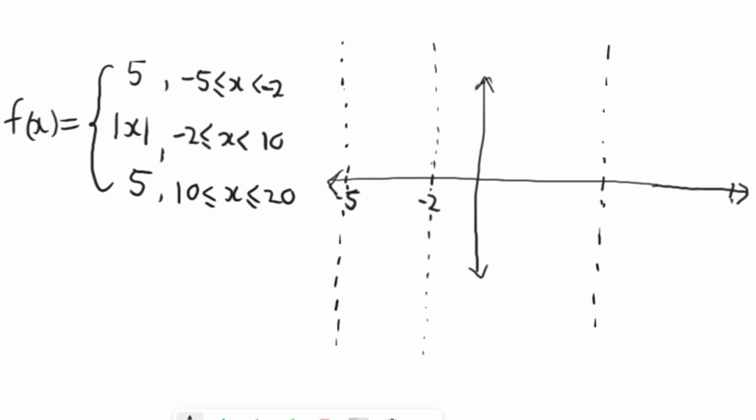Also be careful with the limits of these functions as we approach these values, both from the left and from the right, which are -5, -2, 10 and 20 as well. It's 10 here and it's 20 there. Again, don't forget to do your vertical line at 20. That's what we do.